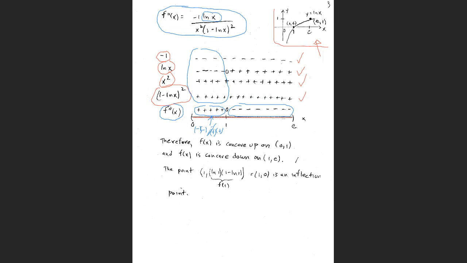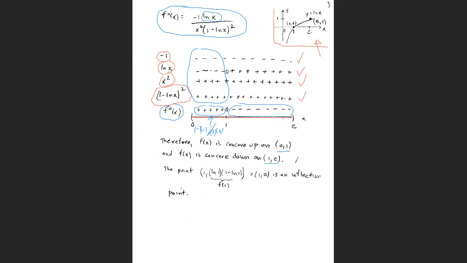Okay. And so our function is going to be concave up on the interval from 0 to 1, and it will be concave down on the interval from 1 to e.